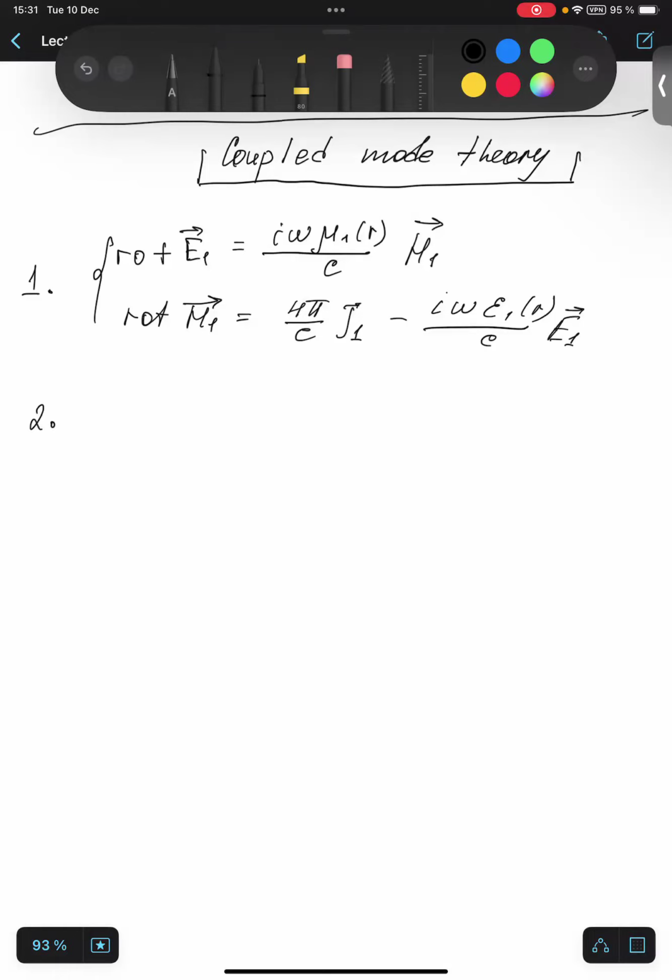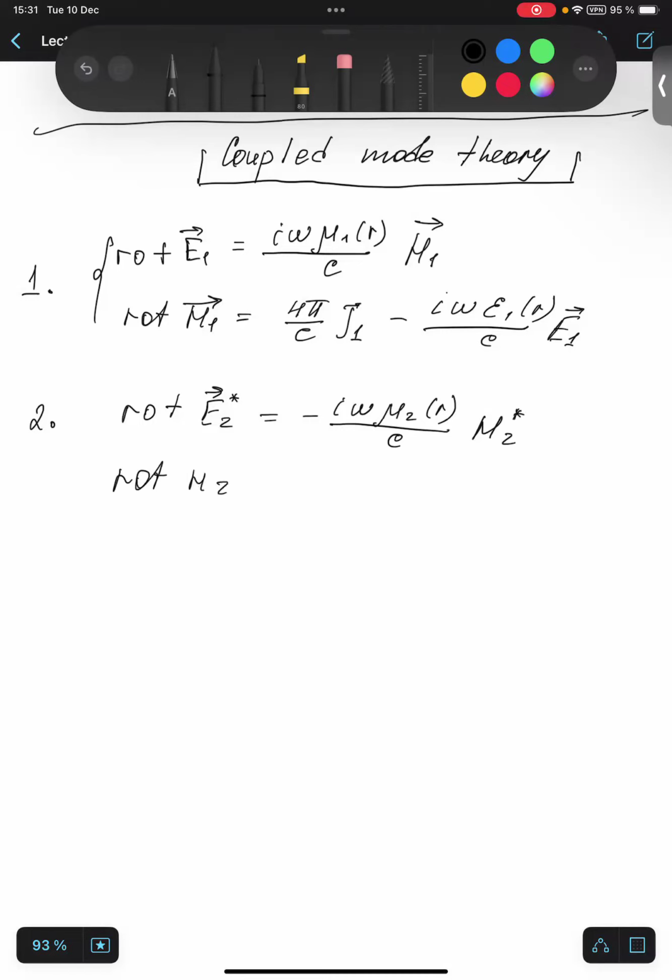And the second mode, I will write it in such a manner: E2 conjugated, omega divided by C, it also H2 conjugated.